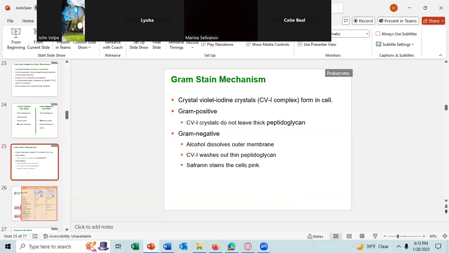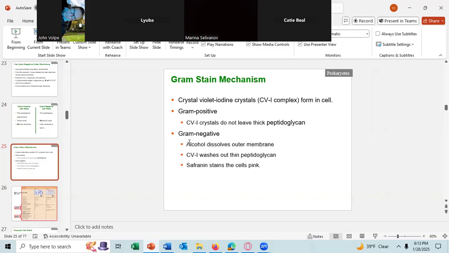The cell wall does make the cell stain differently when applying the gram stain. The crystal violet iodine complex forms crystals which will form a complex in the cell wall of a gram-positive cell, meaning the crystal violet iodine crystals do not leave the thick peptidoglycan layer of a gram-positive cell, but they do leave the thinner peptidoglycan layer of the gram-negative cell.